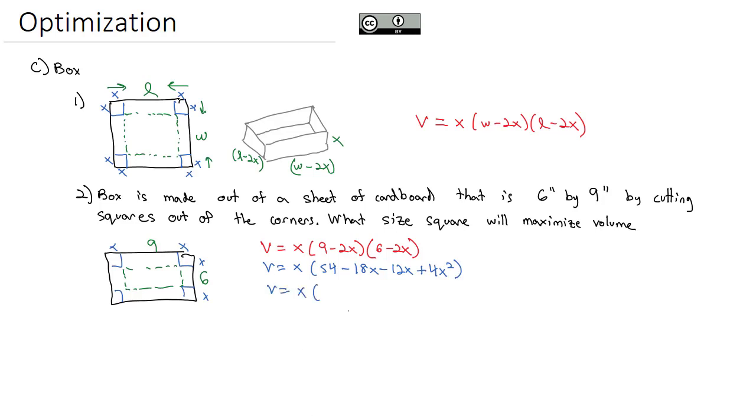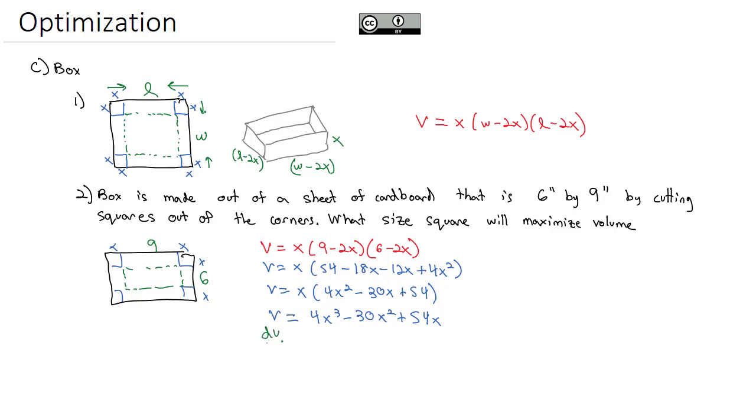Let's combine like terms and put the 4x squared in the front, giving us negative 30x in the middle, plus 54. And then when I distribute the x through, we get 4x cubed minus 30x squared plus 54x. That's the formula for the volume.